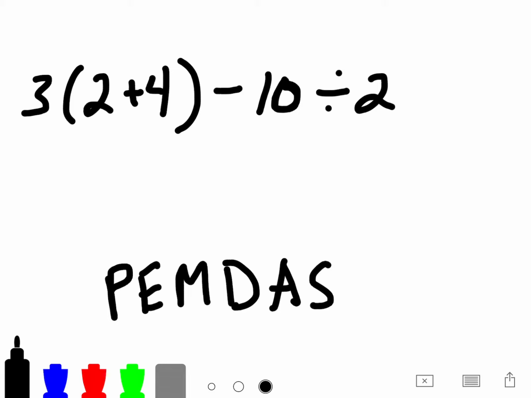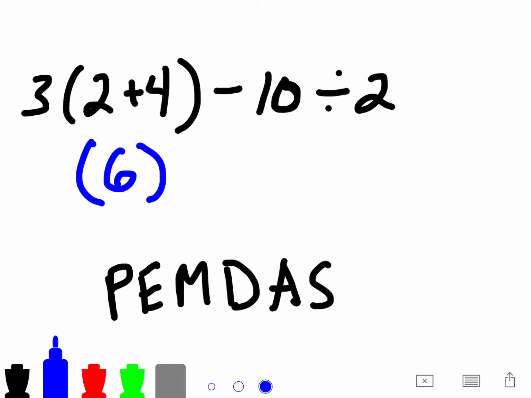So P, parentheses. Let's do parentheses first. So that's going to be 2 plus 4. 2 plus 4 is 6. I'm still going to keep it inside of parentheses because I'm multiplying it to the 3. But then I've got minus 10 divided by 2.